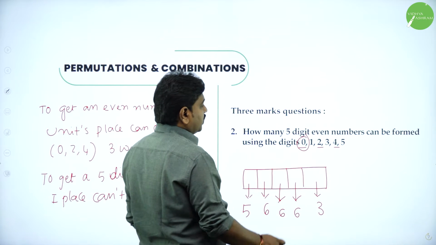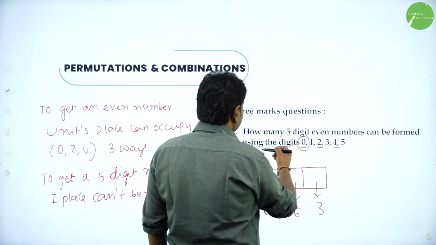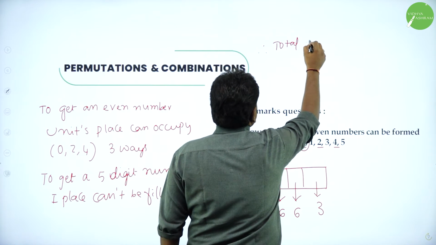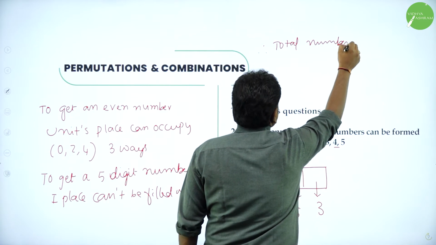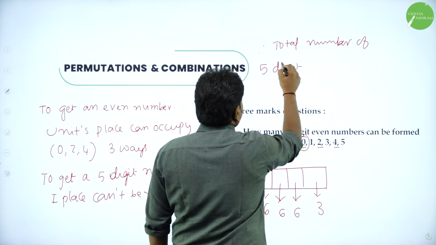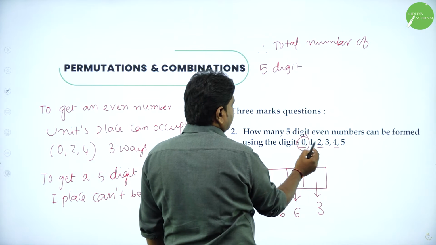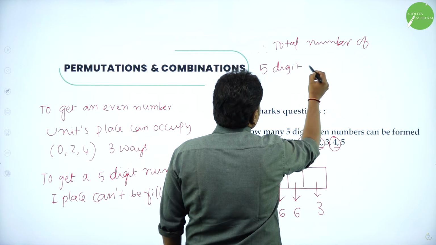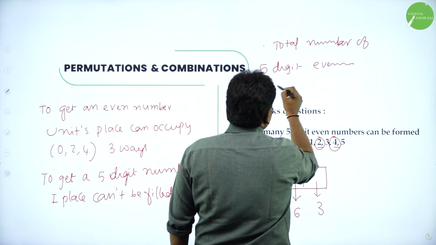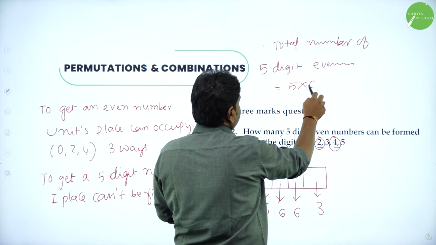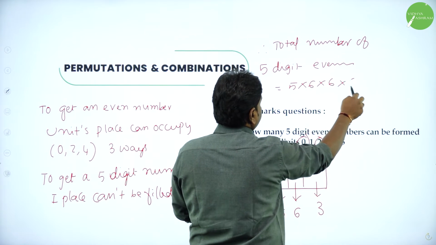So they want the total number of 5-digit even numbers. Even number means they should end with an even number, so you can fill the last place in three ways. Total number of 5-digit even numbers is, by the fundamental principle of counting, multiply all: 5 into 6 into 6 into 6 into 3.